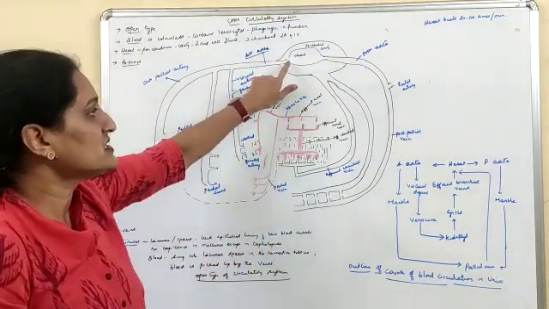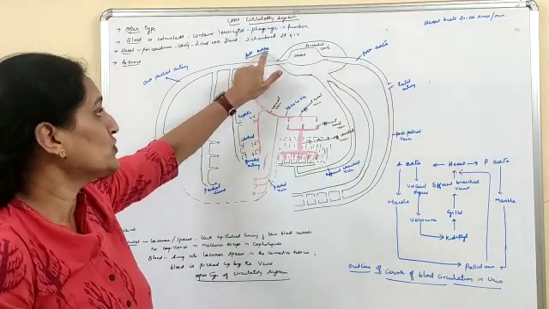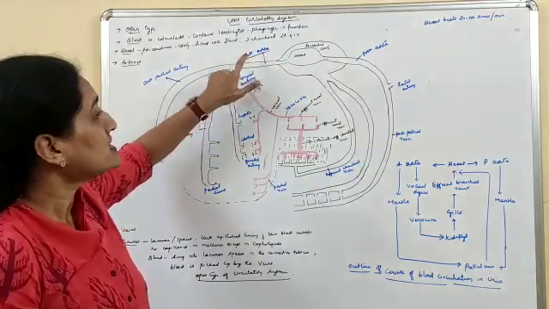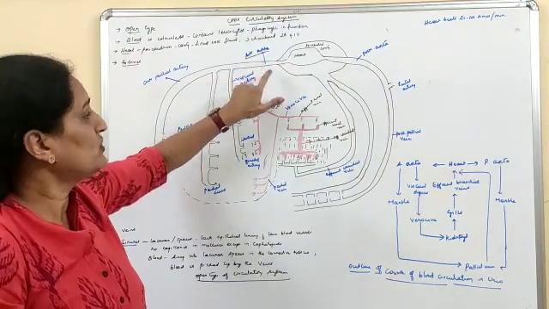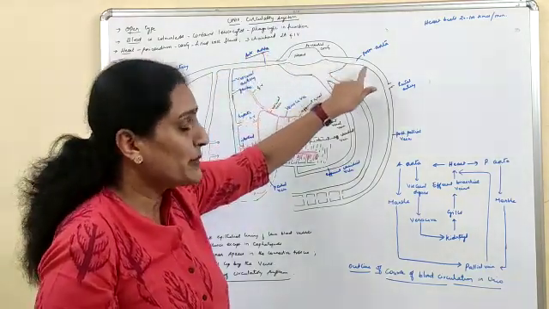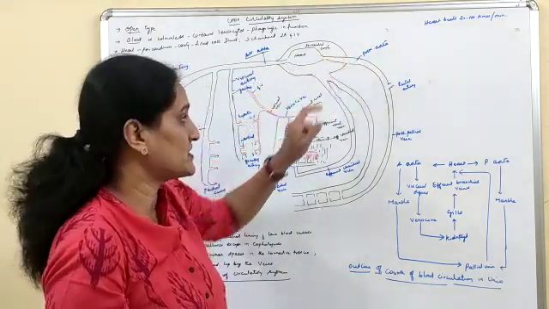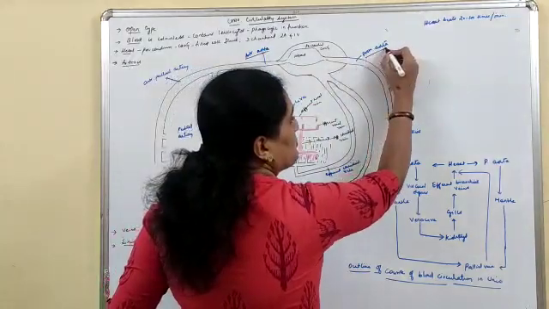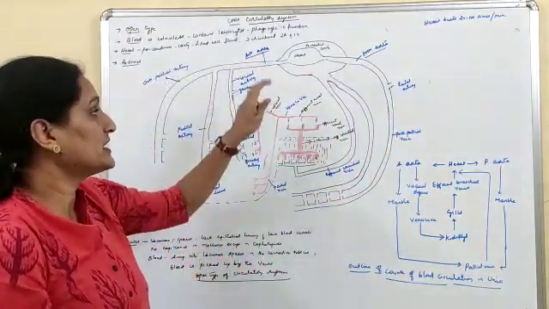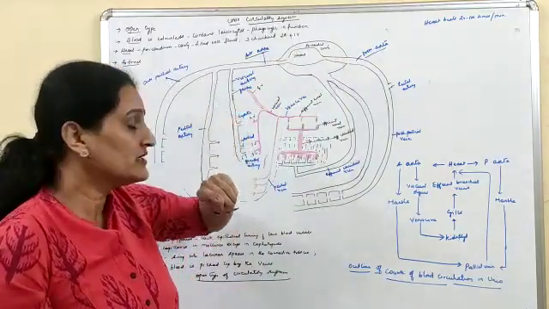Since this is the main artery coming out from the heart, you call it aorta, and since it is at the anterior end, you call it anterior aorta. There's one more main artery given out from the posterior end of the ventricle, called the posterior aorta. They are named based upon their positions, right?